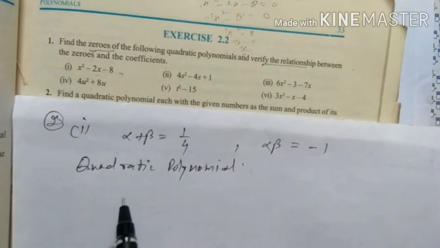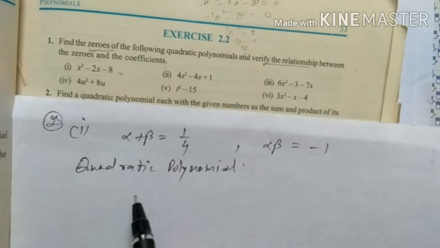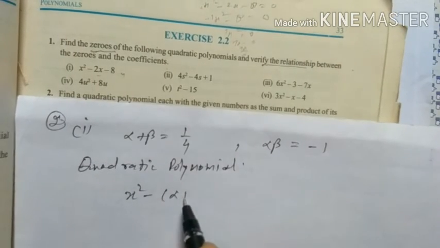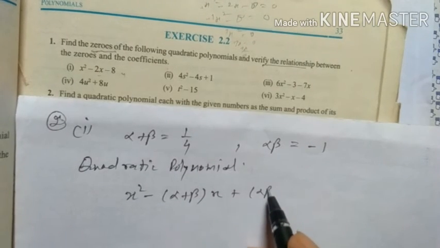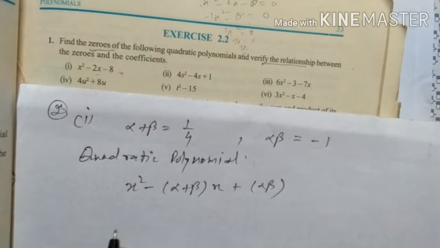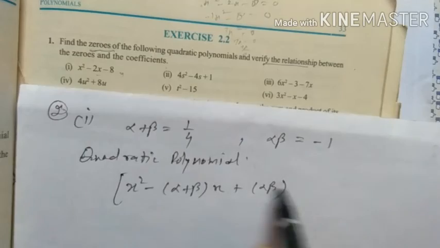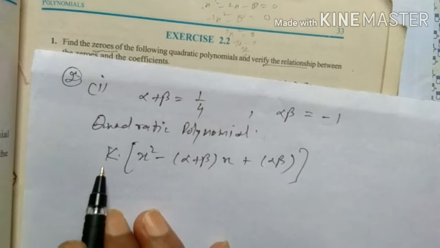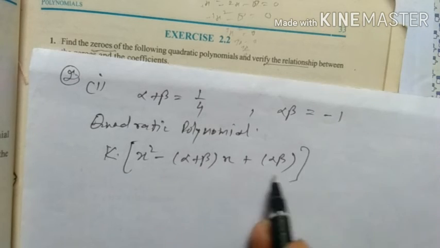we have a relationship: the quadratic polynomial is k times (x square minus (alpha plus beta) x plus alpha beta), where k is any constant, and this is true for all constants. So now we take this condition.